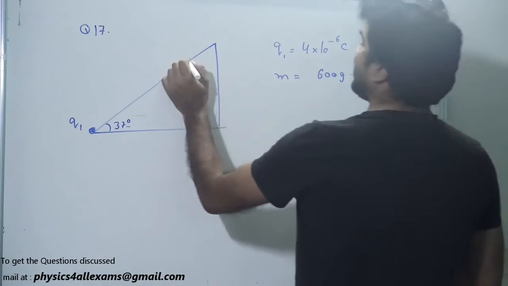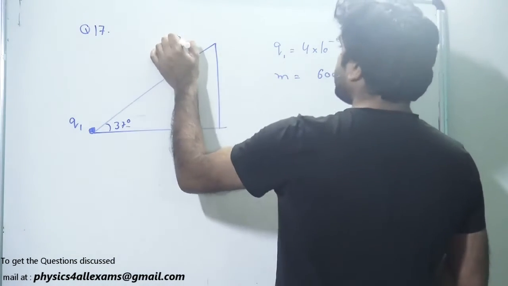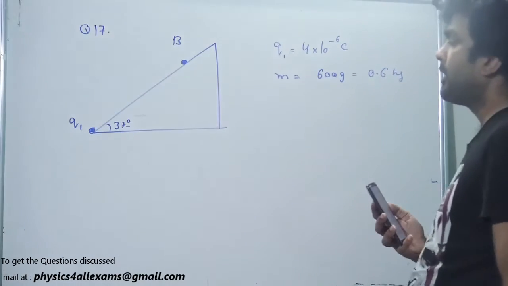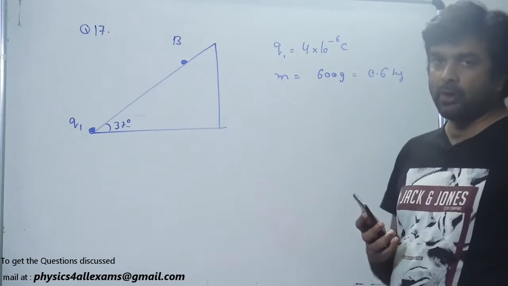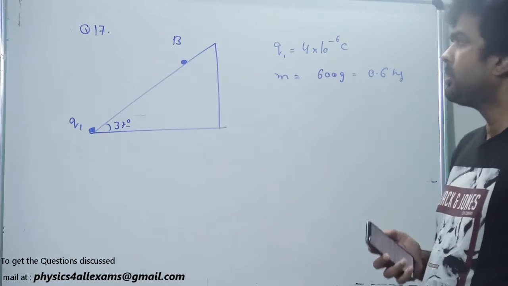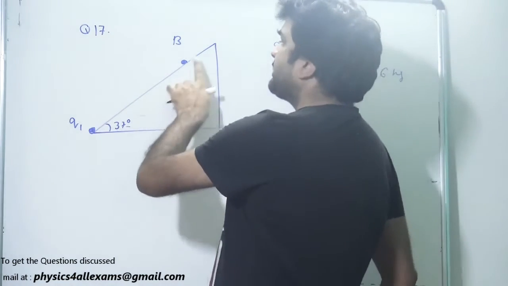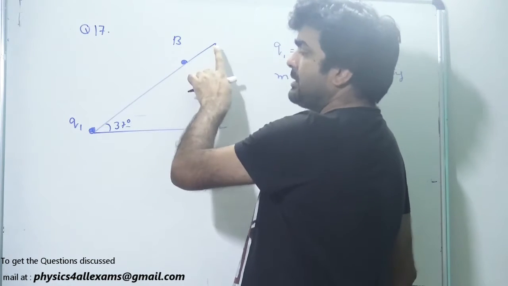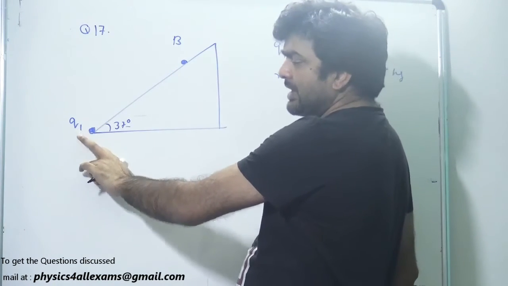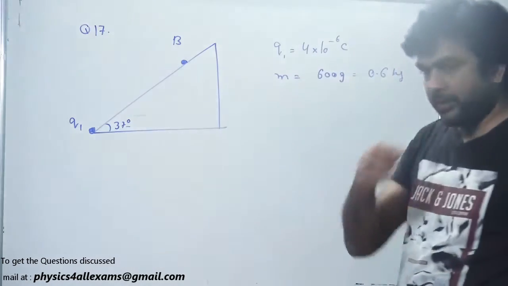So we have to place a charge B on the inclined plane such that it remains in equilibrium, it doesn't fall or go up. This charge A is fixed, whereas charge B is kept in the electric field of this charge as well as under the influence of gravity.